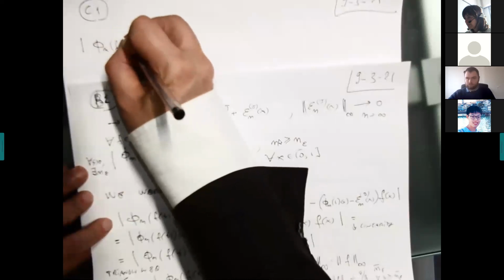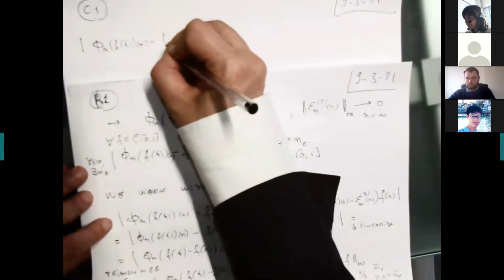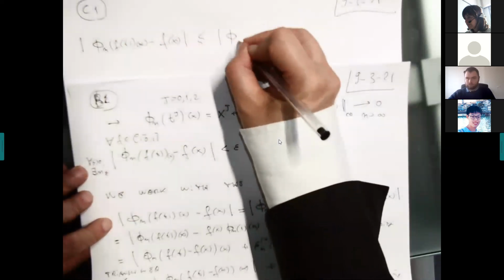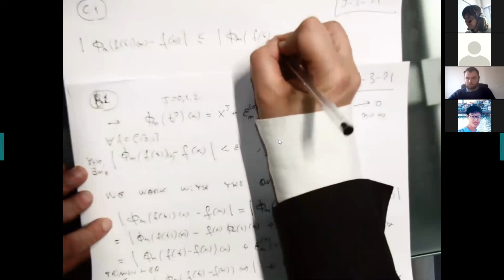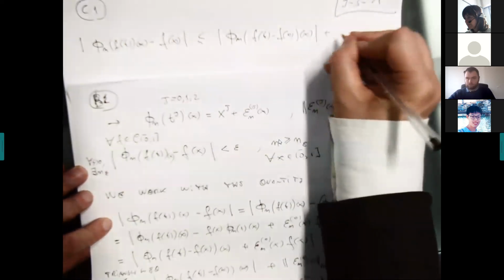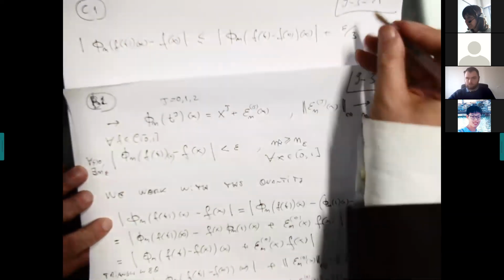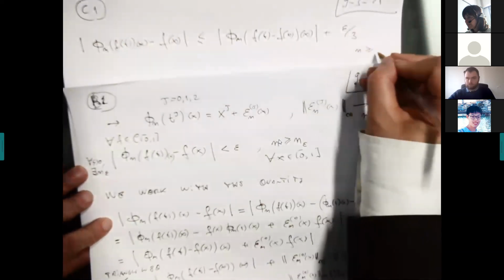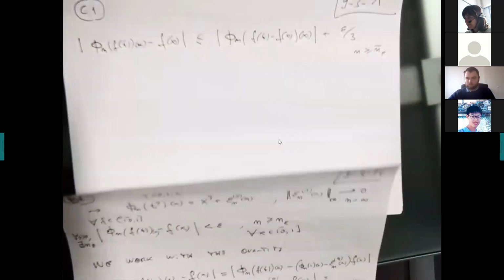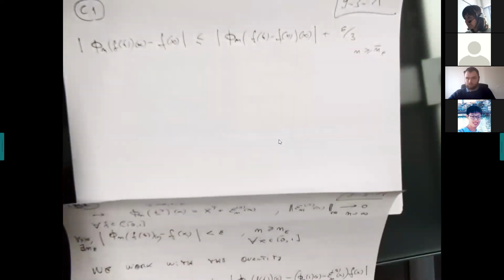So again, we repeat, phi n of f of x minus f of x is bounded by phi n of f of t minus f of x plus epsilon divided by 3 and n larger of a certain n bar epsilon, uniformly for any x.